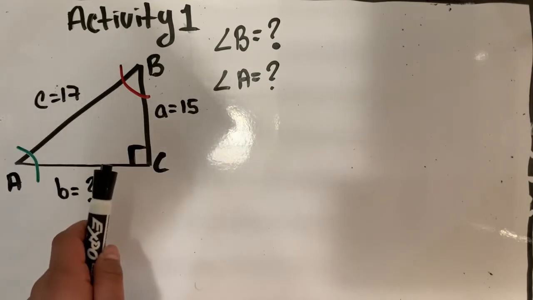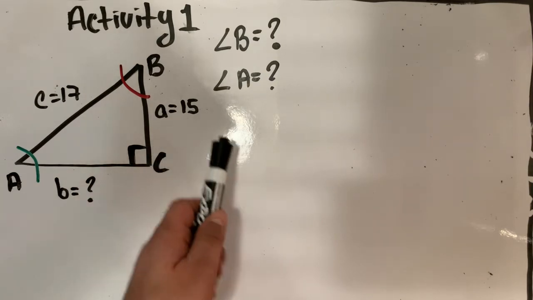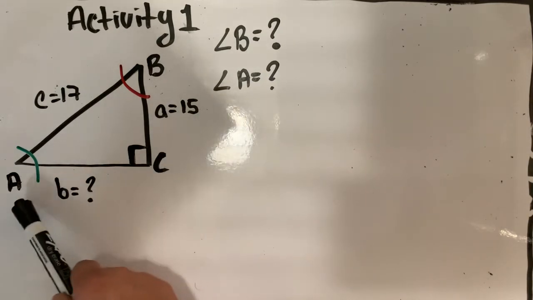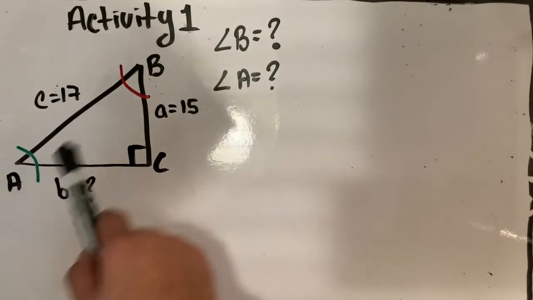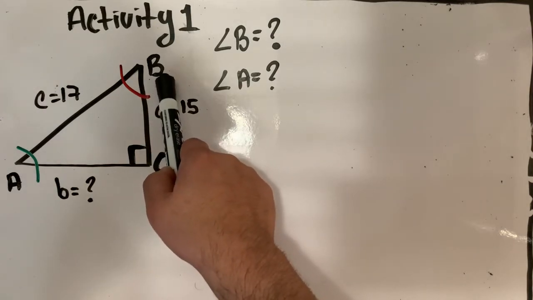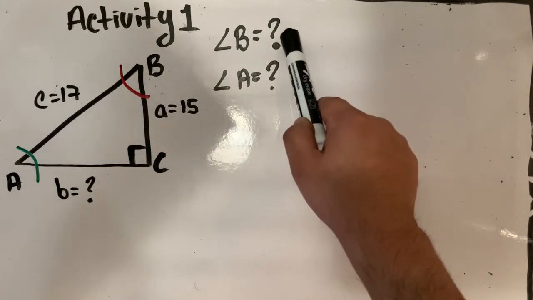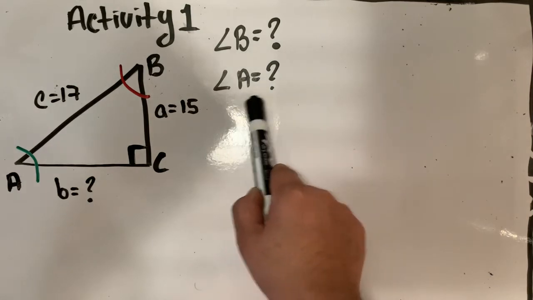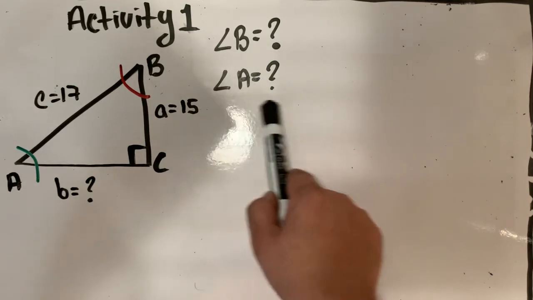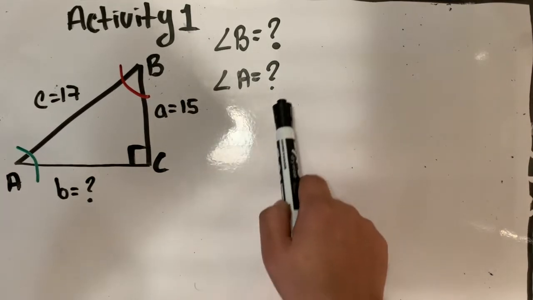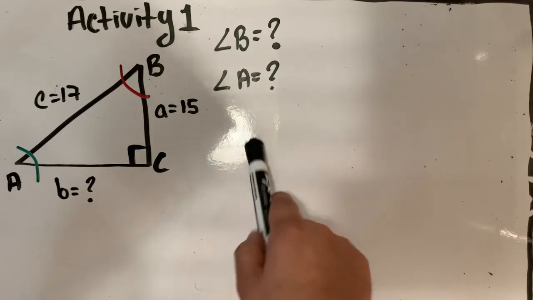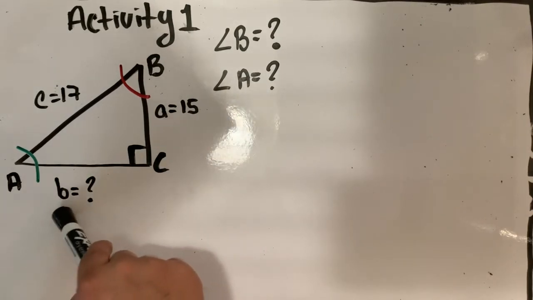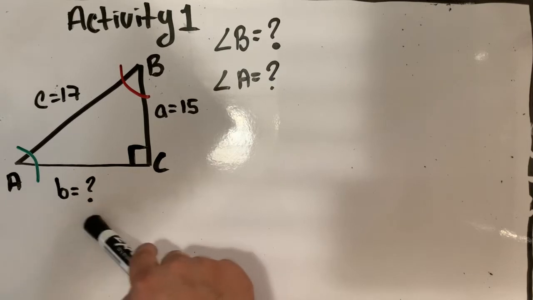In this activity, you have to find out all the 6 different functions for angle A and all the 6 different functions for angle B. Finally, you have to tell me the measure of angle B and the measure of angle A. A quick tip: to start this activity, first you have to find out the measure of leg B. How do you do that?